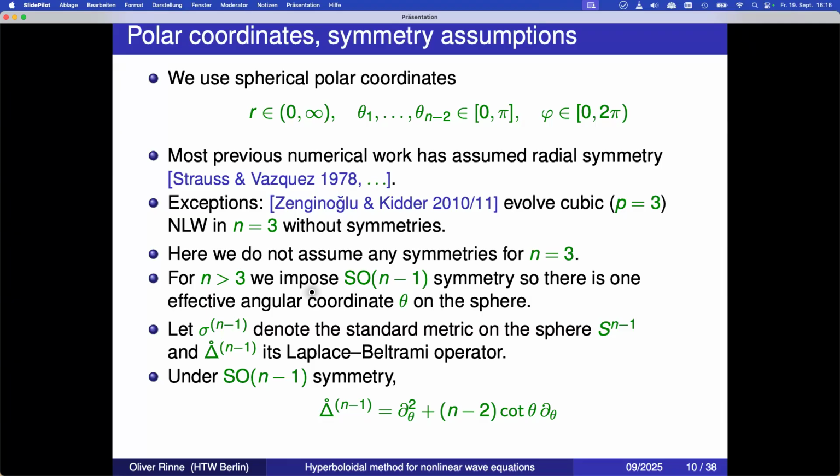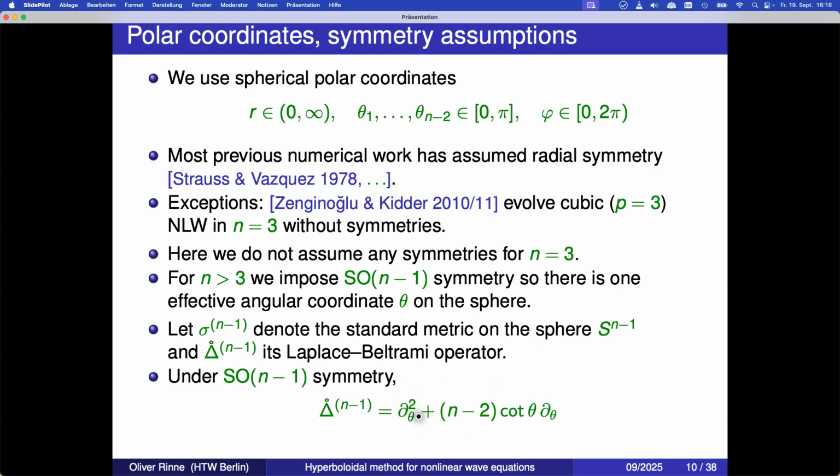So let me denote by S^(n-1) the n-1 dimensional unit sphere. Then we have the metric on that sphere, the standard round metric, sigma. And I call delta, with this circle over it, the Laplace-Beltrami operator on S^(n-1). Now, if I impose this SO(n-1) symmetry, then this Laplace-Beltrami operator looks just like this.